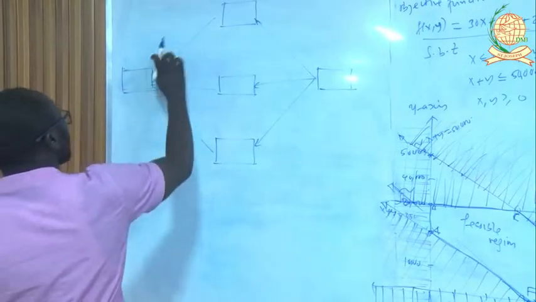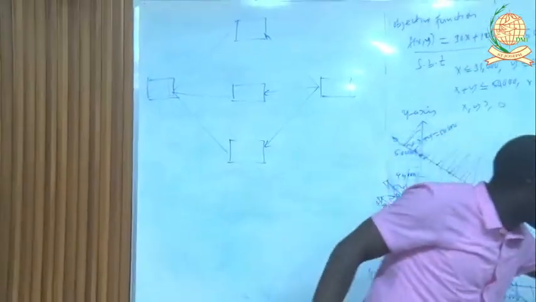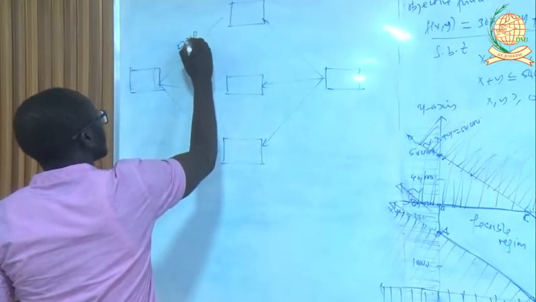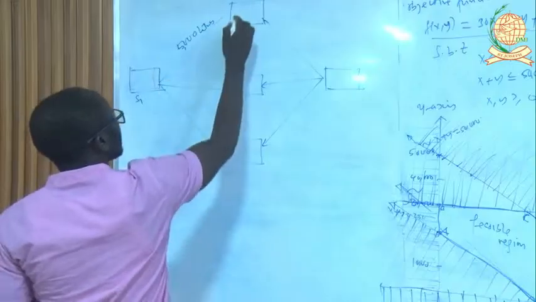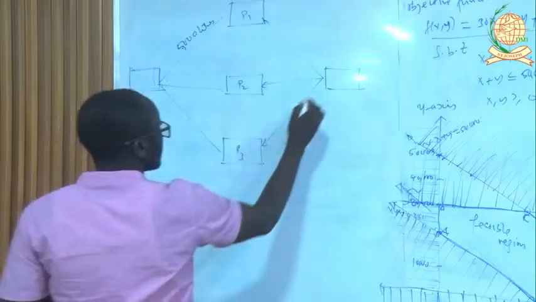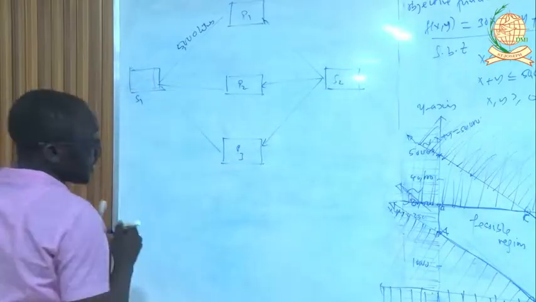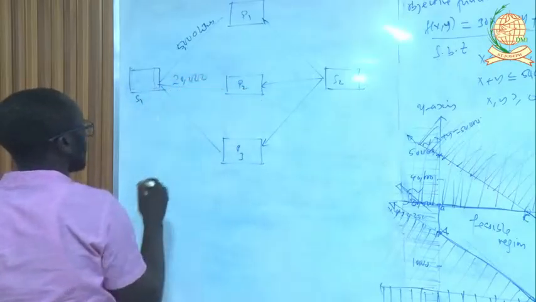Here the amount going in this direction was x, and our x here is 5,000. So it is 5,000 liters from S1 to P1. This is P2, and this is P3. This is S2. The value which came here was y, that is 20,000 liters.